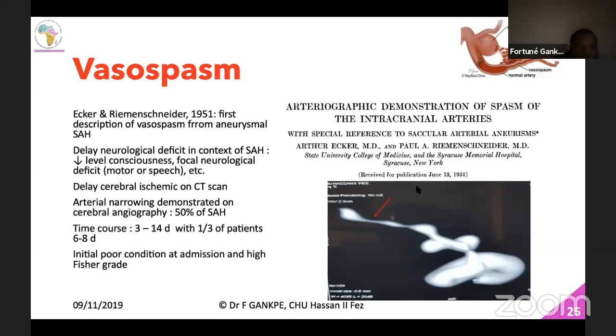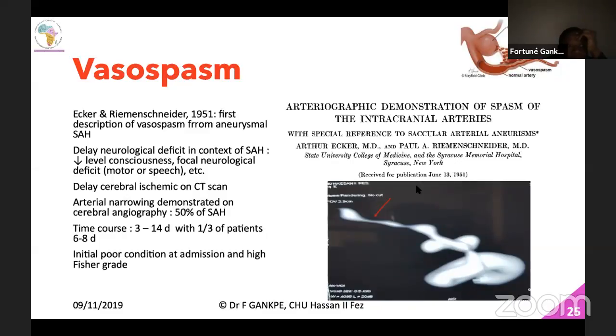The time course of vasospasm is from 3 to 14 days, never before 3 days, and very, very rarely after 17 days. It concerns 1/3 of patients between 6 and 8 days.